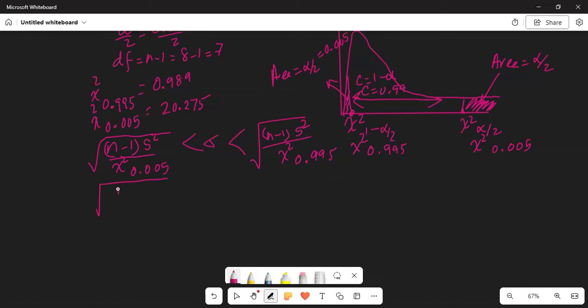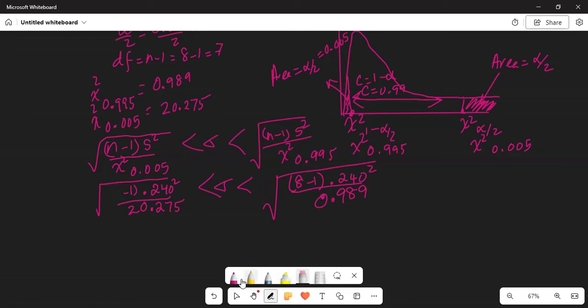N minus 1 is 8 minus 1, 7, times the sample standard deviation square, 240 square, divided by chi-square 0.005 is 20.275, less than sigma, less than square root of 8 minus 1 times 240 square. 240 is the sample standard deviation, and you square it, divided by chi-square 0.995, which is 0.989.